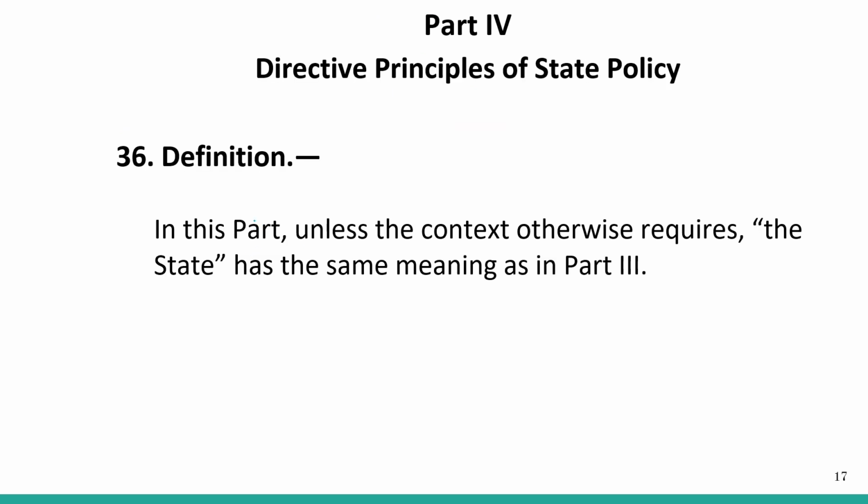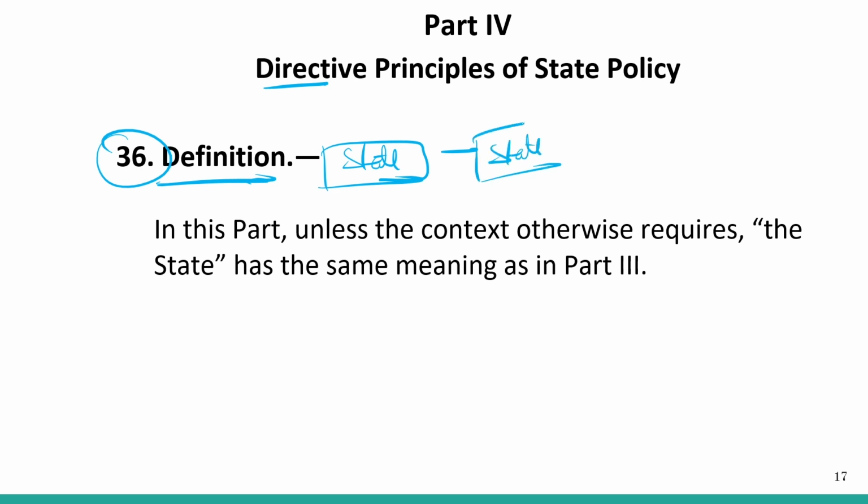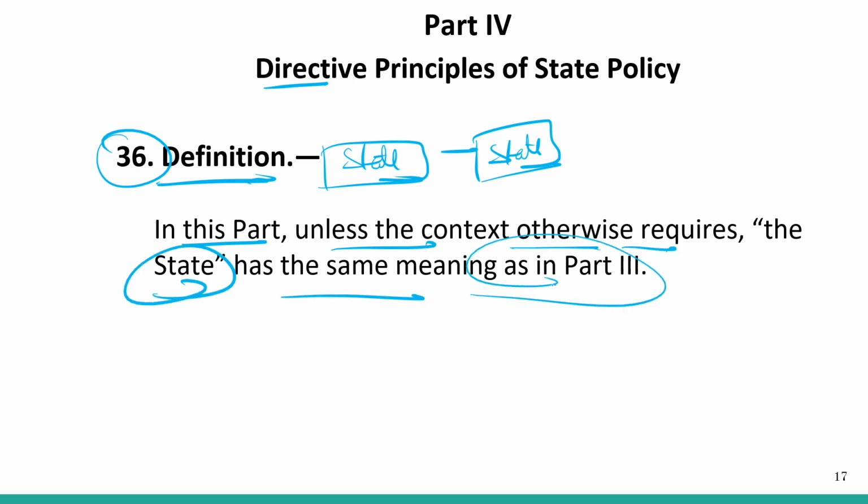The first and foremost article which talks about the directive principles of state policy is the definition. It is providing the definition of the state, not of the directive principles of state policy, but the state. It says that in this part, unless the context otherwise requires, the state has the same meaning as that of Part 3. Whatever we studied earlier while discussing Part 3, the same definition mentioned under Article 12 applies to Article 36 also.